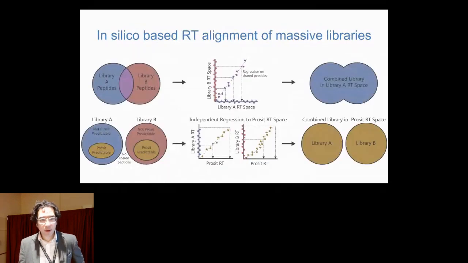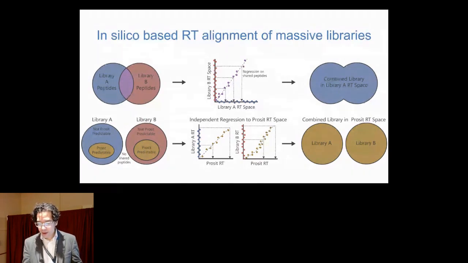So again, we looked to our old friend Prosit for some advice here, where we were looking for all of the possible peptides that would be Prosit predictable. These would be peptides between 7 and 30 amino acids that would have reasonable mass and characteristics and be unmodified, right? So that was another key feature.